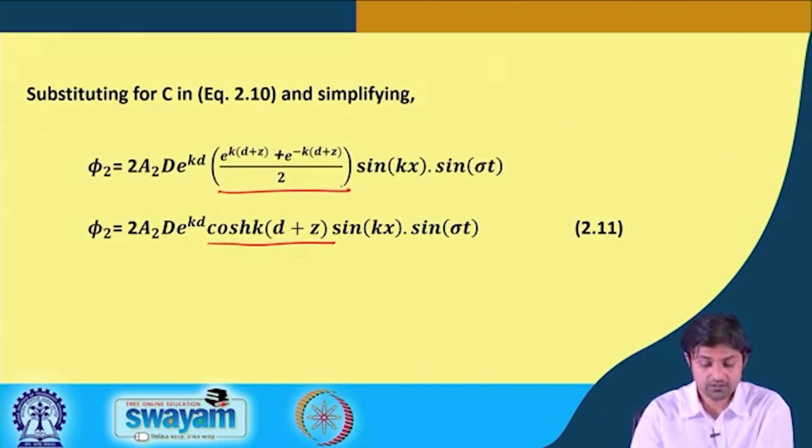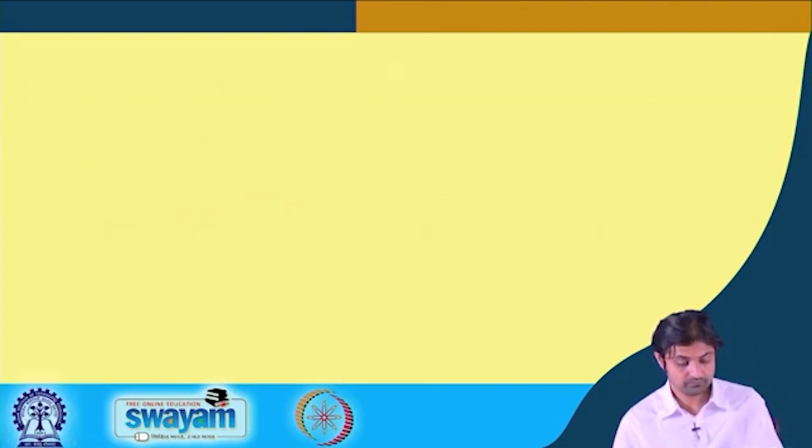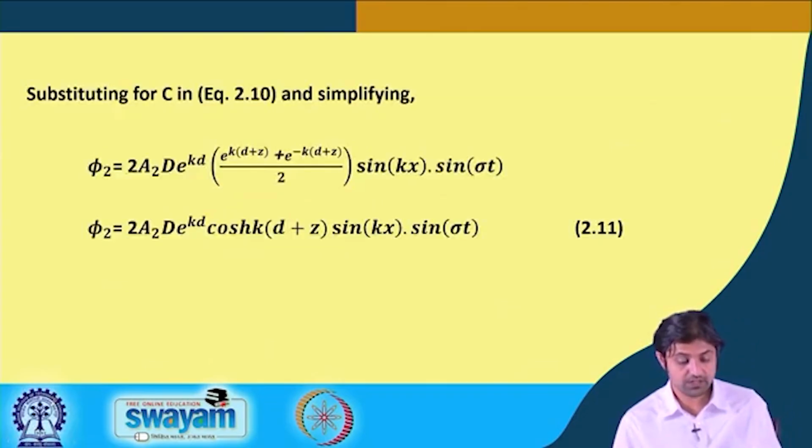Simple trigonometry. So, we have got phi 2 is 2a2 d e to the power kd cosh k(d plus z) sin kx sin sigma t. So, we are left with a2 and d for now.